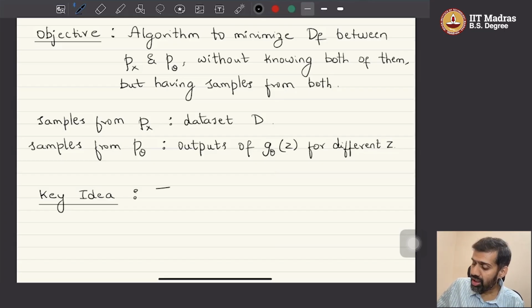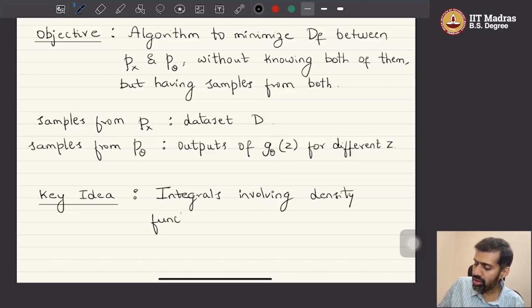Integrals involving density functions can be approximated using samples.